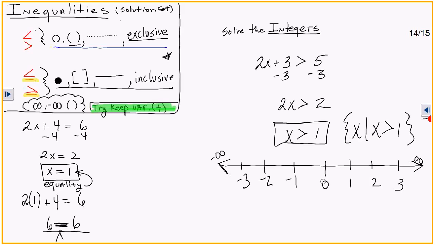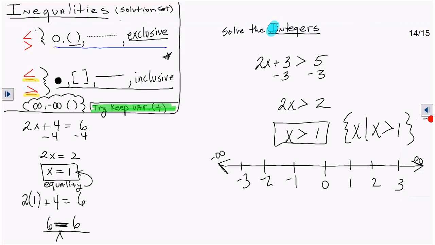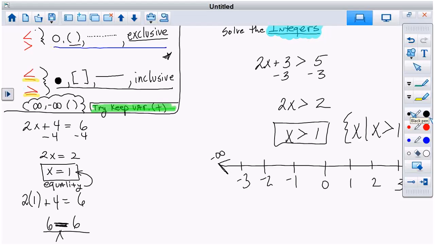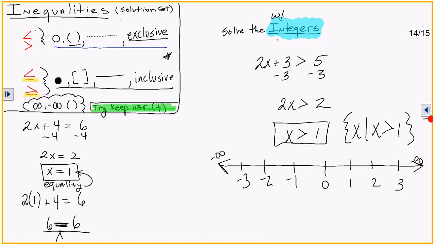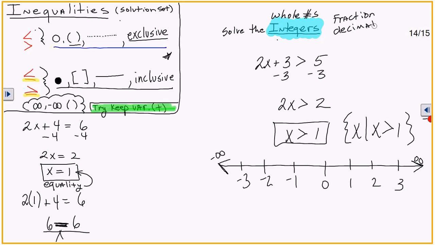Now, since this says integers, just cross that out and put over it whole numbers. We can't include fractions and decimals, and fractions and decimals are in between the whole numbers. So we can't just shade the whole thing. We just have to shade the whole numbers.